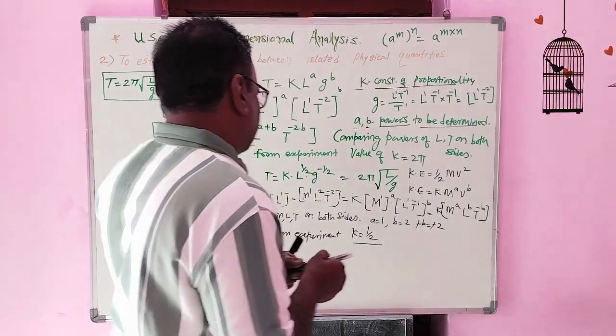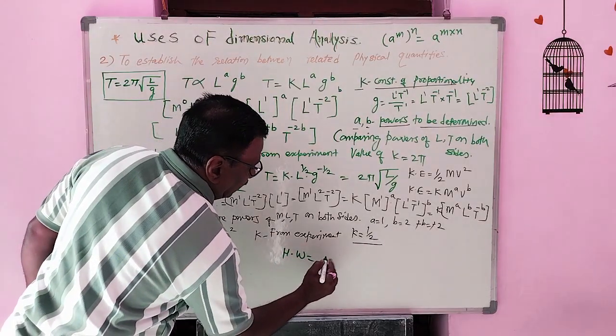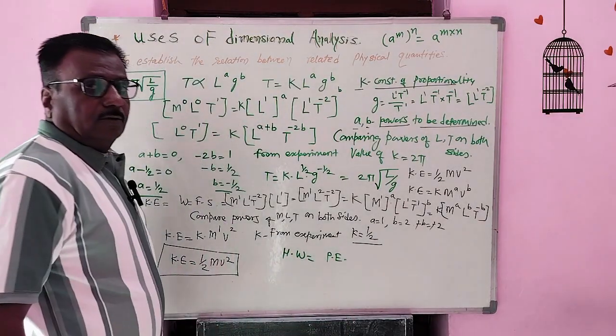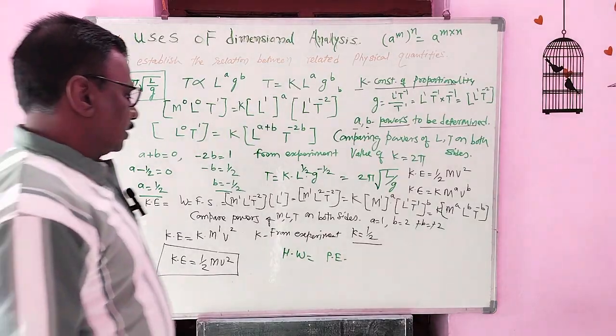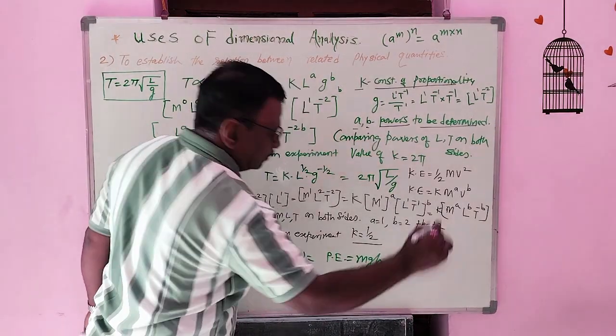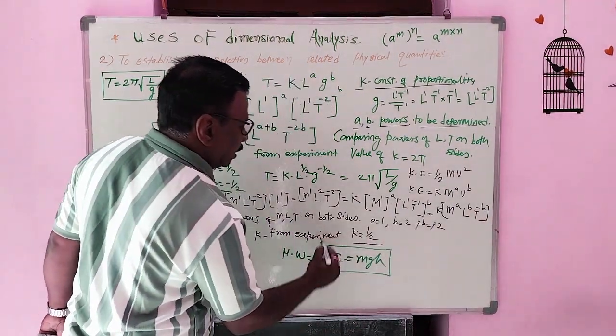Now homework for that is: find out the dimension of potential energy. We know that the formula for potential energy is equal to mgh. Potential energy is equal to mgh.